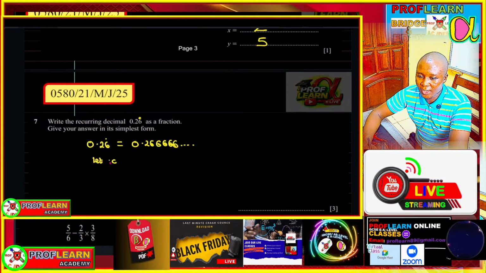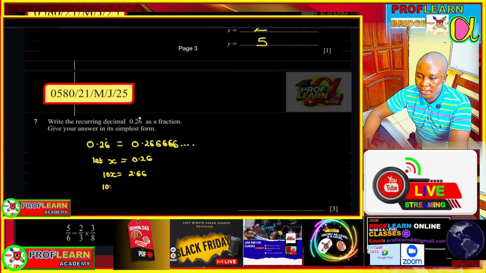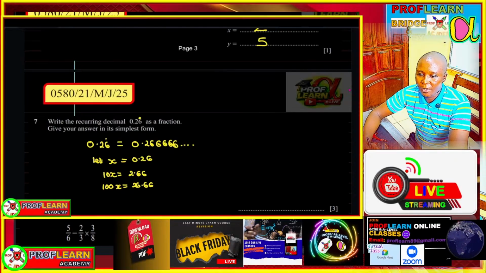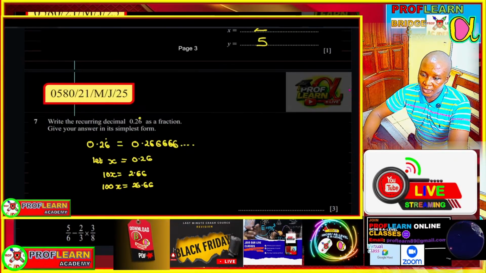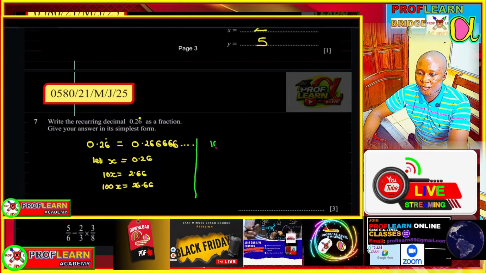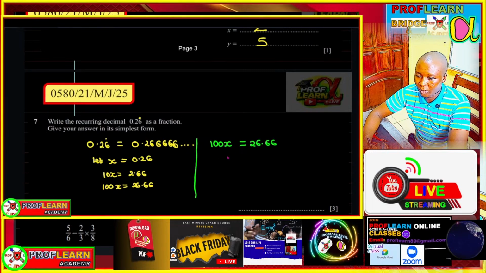So we can say let x be 0.26 recurring. 10x will be 2.66 recurring. 100x is going to be 26.66 recurring. Then at that point, if you subtract 10x from 100x, that is 26.66 minus 2.66, it will mean that we are going to have 0 after the decimal point.